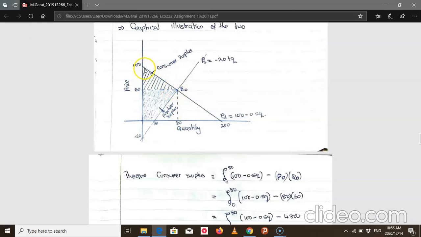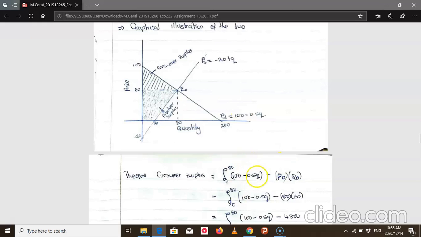If we integrate, we get this trapezium. Then trapezium minus the area of this rectangle. We know the area of this rectangle is 60 times 80. This means the area of the trapezium minus the area of this rectangle will leave us with this one in zebras.